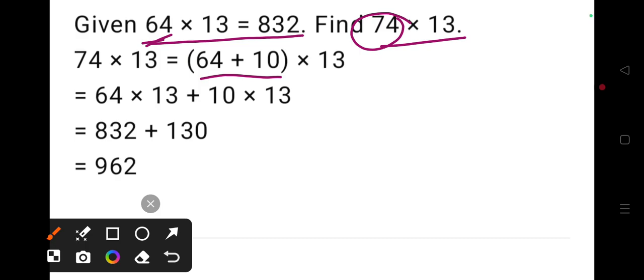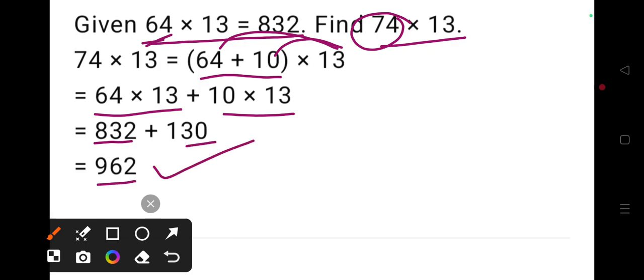Again we have to use the distributive property: 64 into 13 plus 10 into 13. So 64 into 13 gives you 832, 10 into 13 is 130, and your answer will be 762. I hope now you have gained much clarity about these sums.